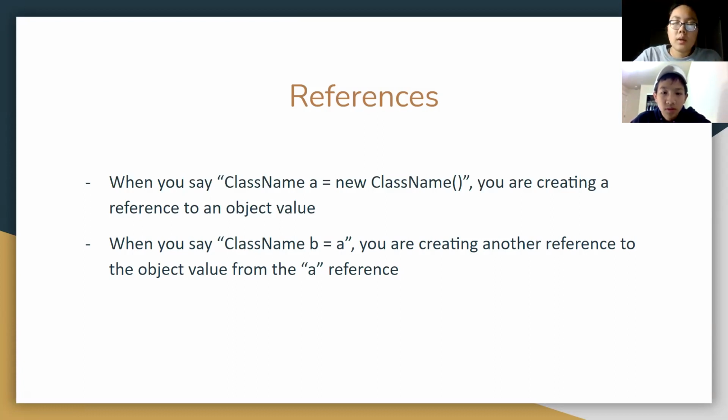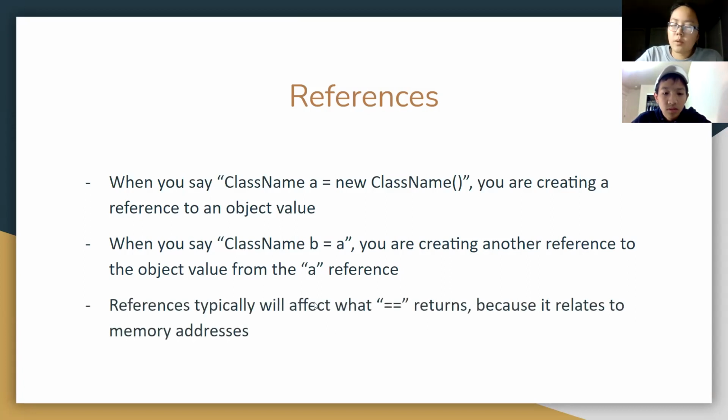That's an important thing to know, because that means their memory addresses are the same, because their object values are stored in a particular place. These references are just pointing to that particular value. So their memory addresses are the same because the object value is the same.